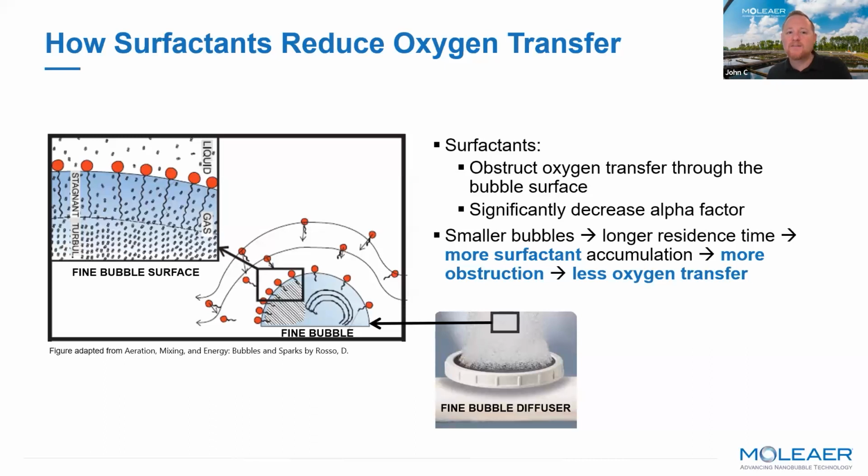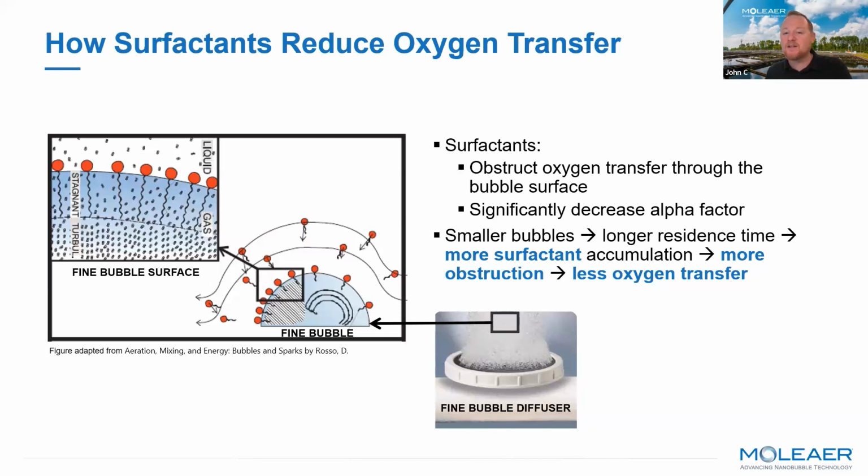So how do surfactants directly reduce oxygen transfer? Let's start out by looking at what a traditional fine bubble diffuser looks like. Here we see that as fine bubbles are created at the surface of the diffuser, surfactants are already attaching to the surface. These surfactants create a chemical obstruction of oxygen transfer through the bubble surface.